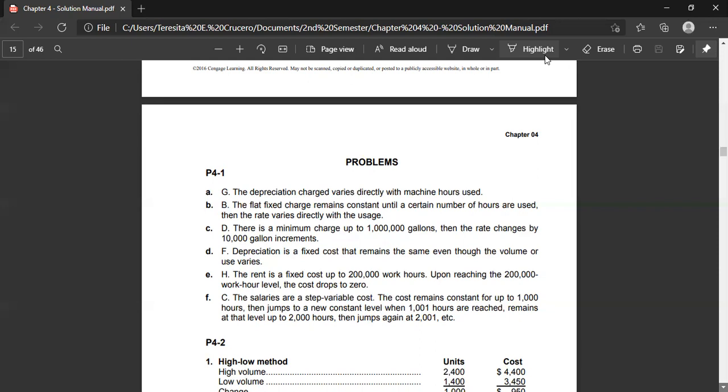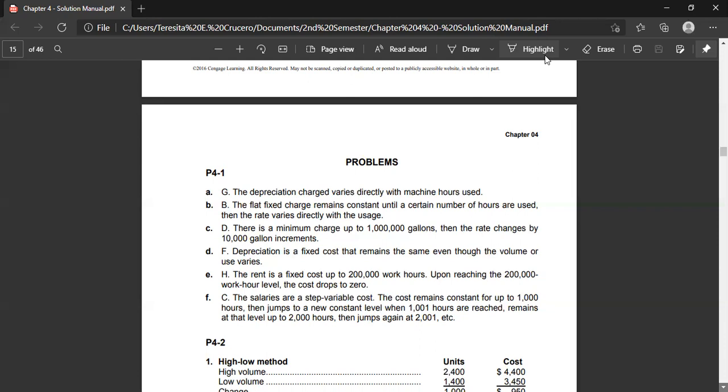So we have the rent on a factory building donated by the city. The agreement calls for a fixed payment unless 200,000 labor hours are worked, in which case no rent need be paid.